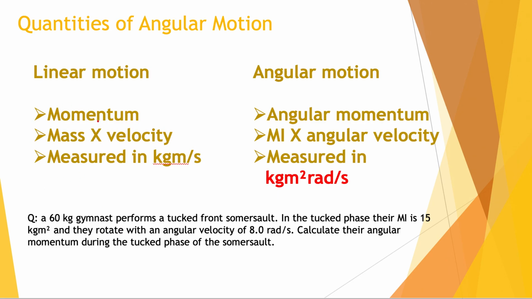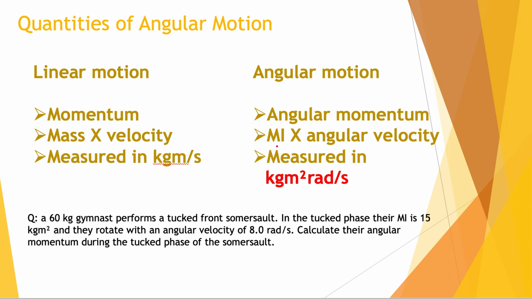And finally, the calculation for angular momentum. So last year we looked at momentum, mass times velocity, obviously measured in kilogram meters per second, because mass is measured in kilograms and velocity is measured in meters per second. Now this one is slightly more complicated because angular momentum is not just about mass, is it?